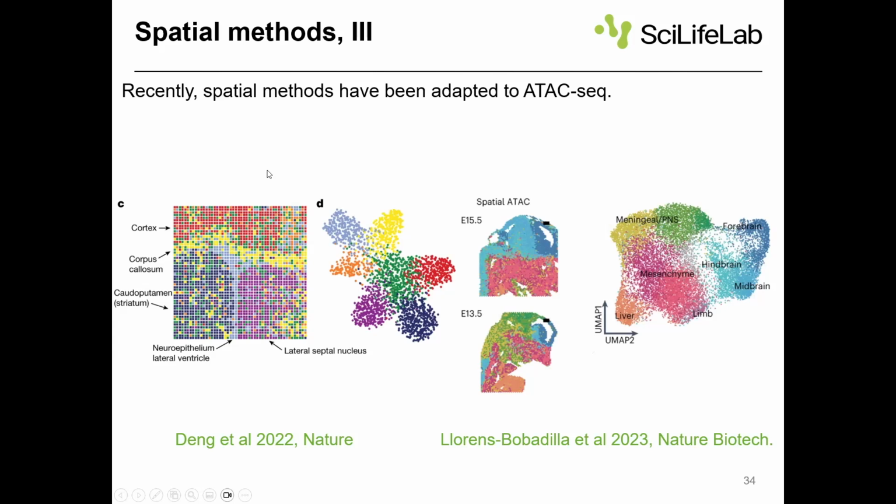This is also a bit new and experimental, but it seems to work quite well. Basically, you can see that different regions in the tissue stand out, and you can connect this to different tissue types and cell types.